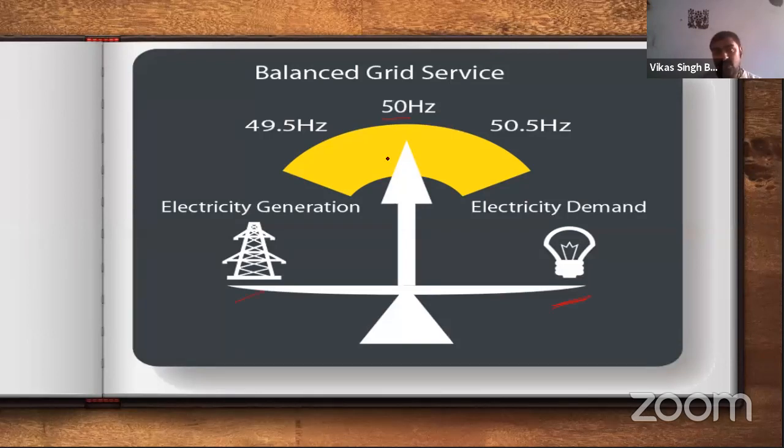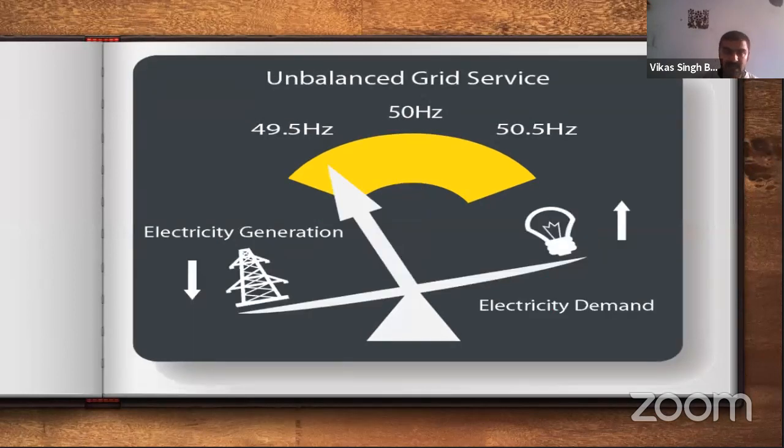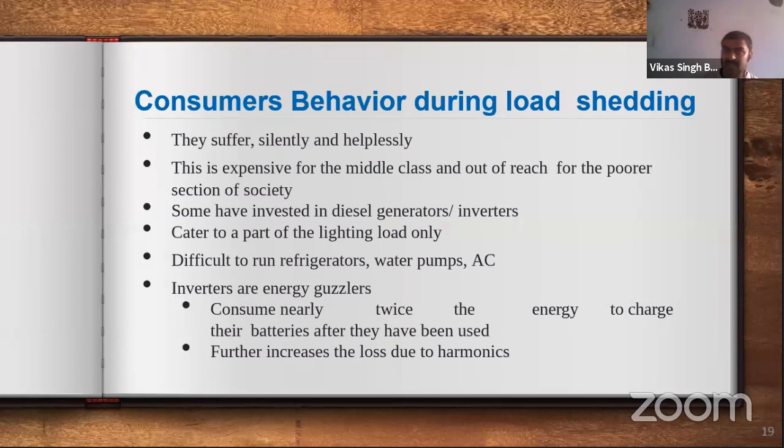But if due to any reason there is a mismatch in demand and generation, suppose generation is less and demand is high, so what will happen? The frequency will decrease from 50 hertz. If the frequency is decreasing, it means there is an unbalance in the grid. This unbalancing can result in load shedding.